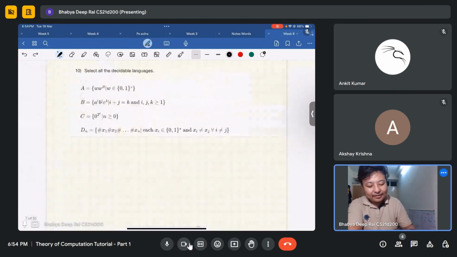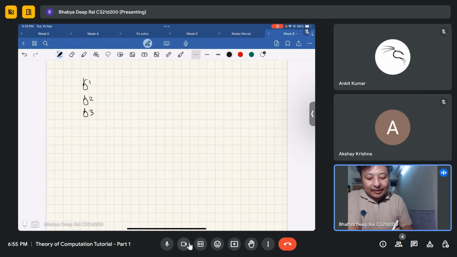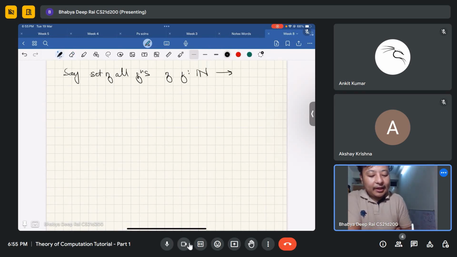I'll show you why, because I can use diagonalization again. We want to count the number of functions. Let's say the set of all functions of the form f, which takes in a natural number and gives some value between 1 to 10, is countable.